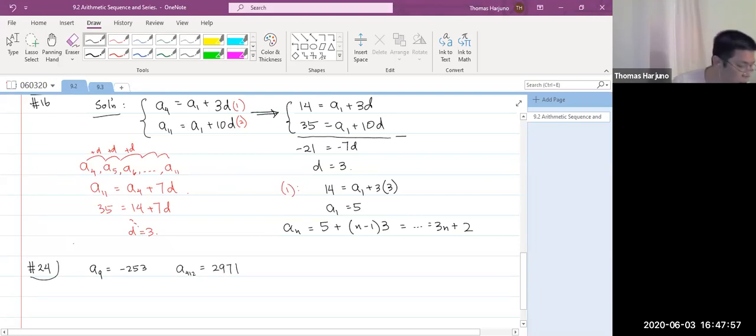The question is actually asking you to find the 500th term. Find the 500th term.